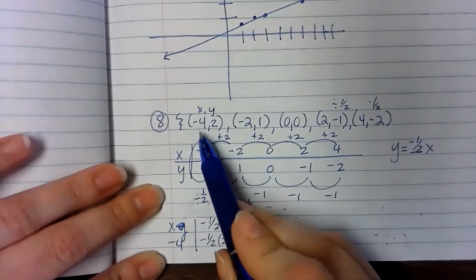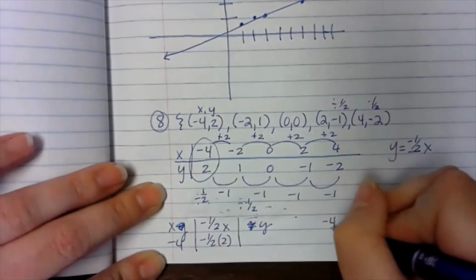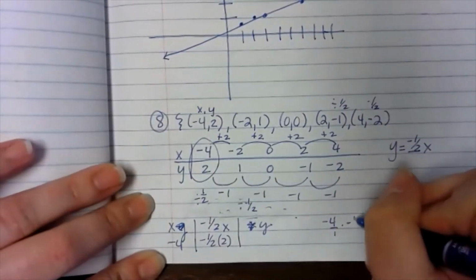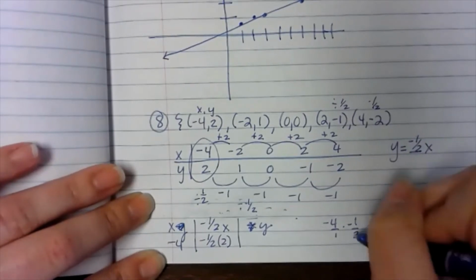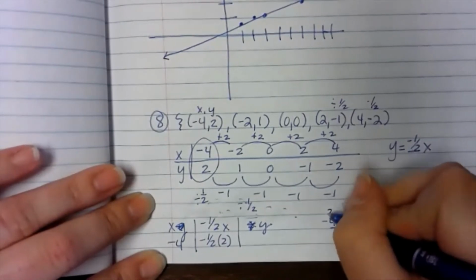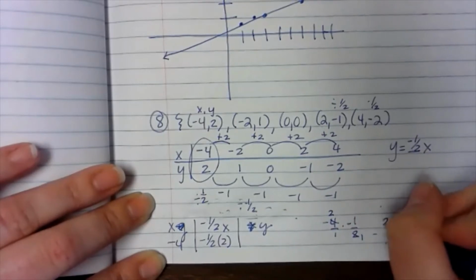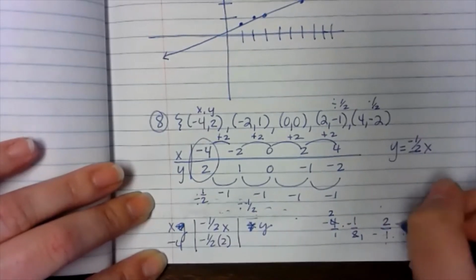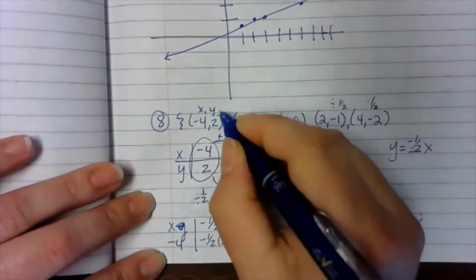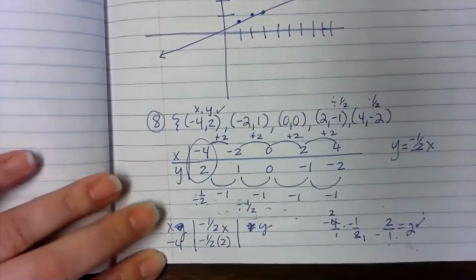So my first one was -4. So I'm going to multiply that by -1/2. Cancel this. Cancel this. And I'll have -2 times -1 gives me a +2 over 1, which does give me a 2. Okay?